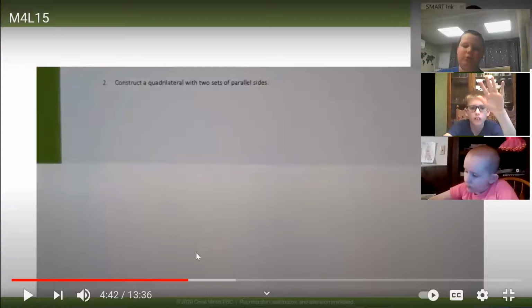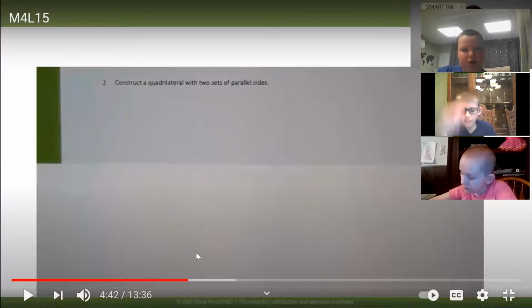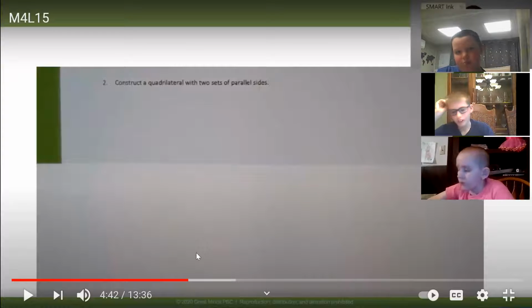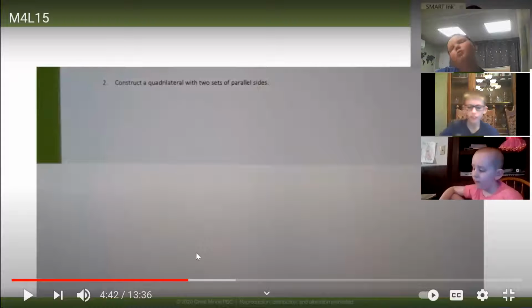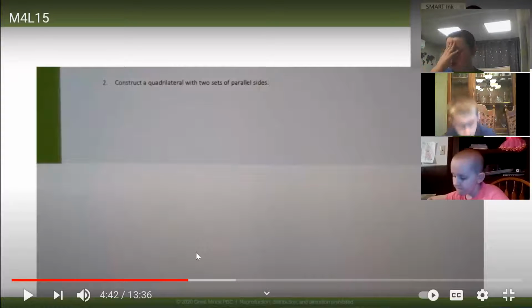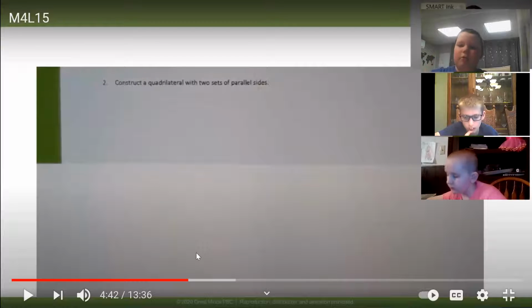No. Cooper, help him out. The difference is that you have to draw two sets of parallel sides. There's a quadrilateral with two sets of parallel sides. Thank you, Cooper. So the difference, Soren, is number 1 has to have at least one set. Number 2 has to have two sets of parallel lines.